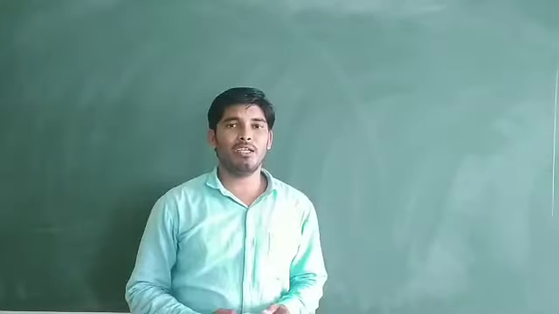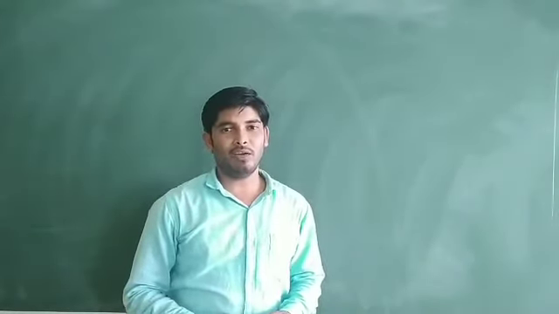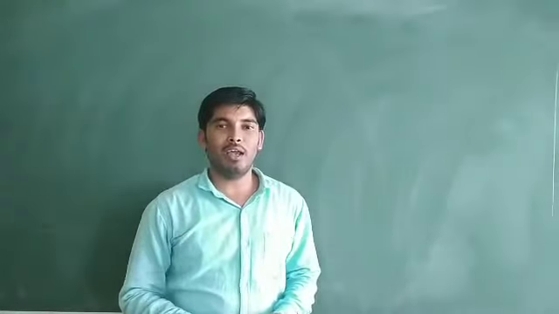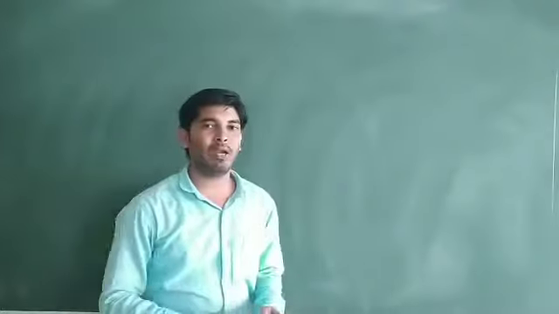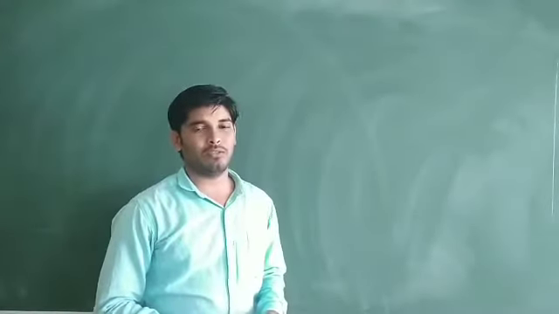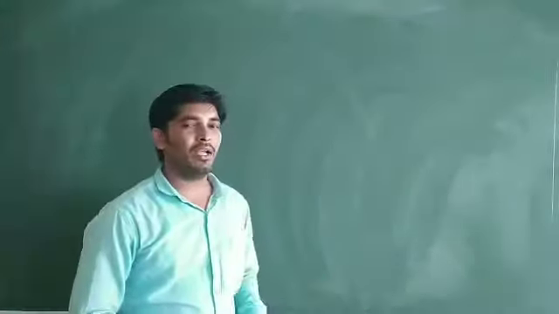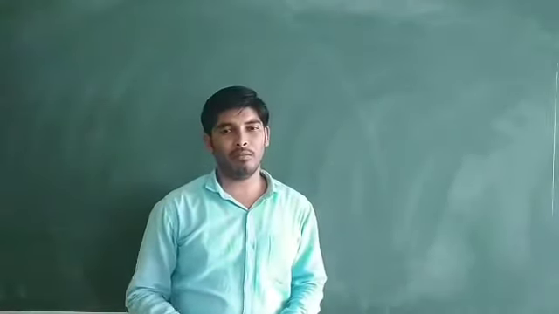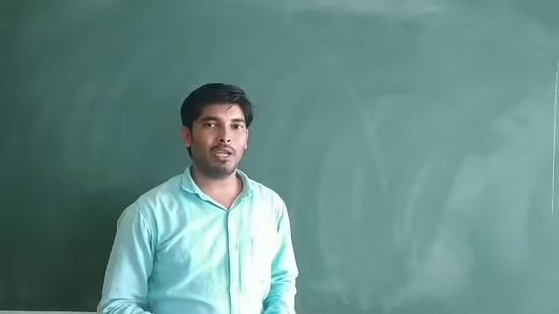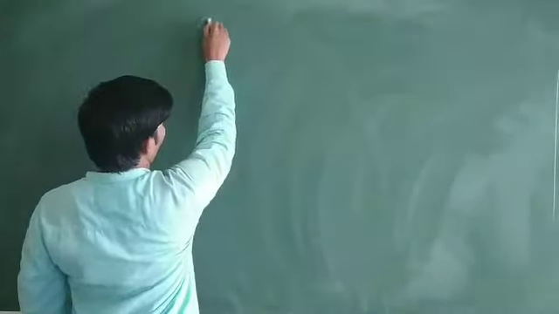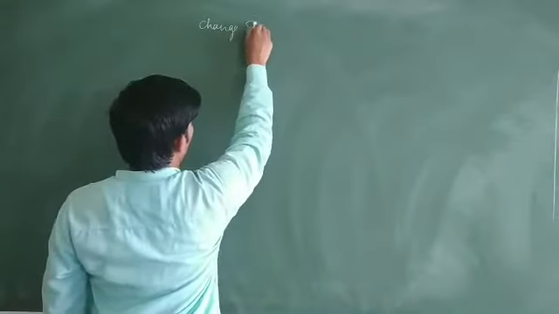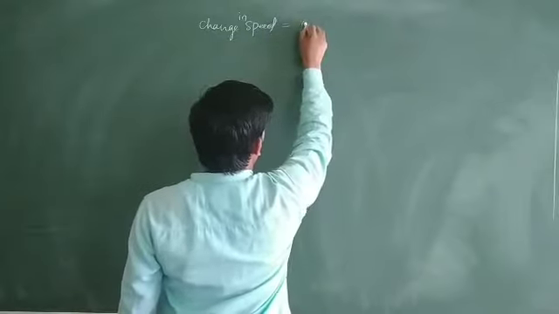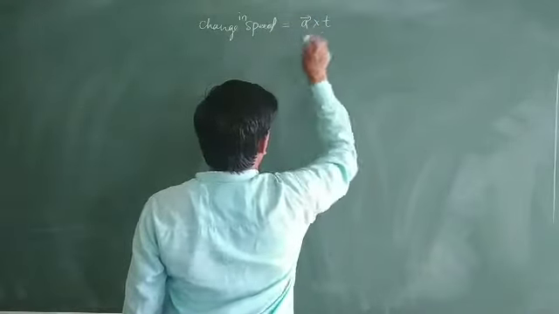The change in speed of a body can be found using the acceleration time graph by finding the area enclosed between the graph and the time axis. Since you already know, acceleration is equal to change in speed divided by time, the change in speed is equal to acceleration into time.